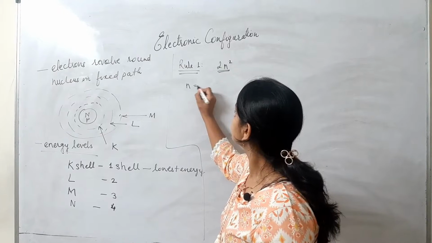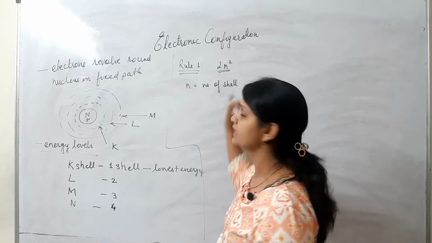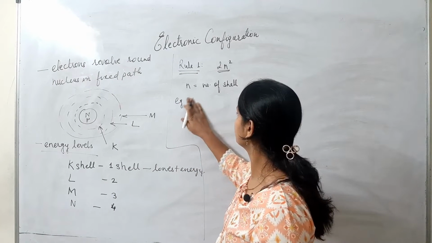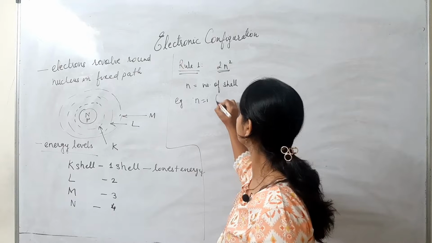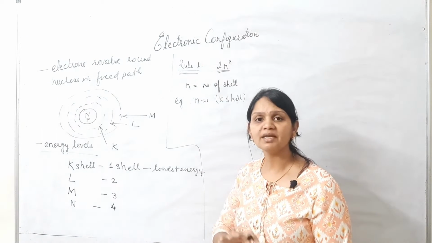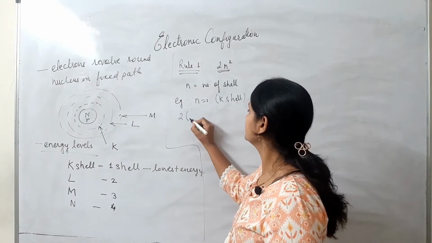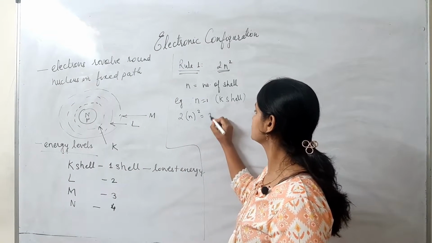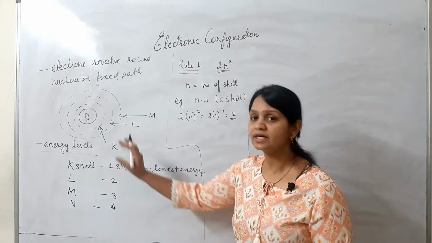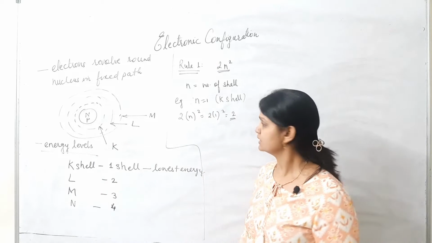Here n is the number of the shell. For example, if n is 1, that means it is the K shell. So, how many electrons can be arranged in this shell is given by 2n square, which equals 2 into 1 square, which equals 2. So, the K shell can have only 2 electrons.